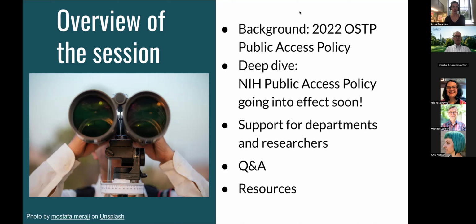We will also talk about what support the library can provide with regard to researchers and departments understanding the updated public access policy, and we'll also touch on some aspects that are better supported by other units on campus. And then we'll have time for general question and answer at the end. And we have compiled a list of additional resources and links for your future reference.